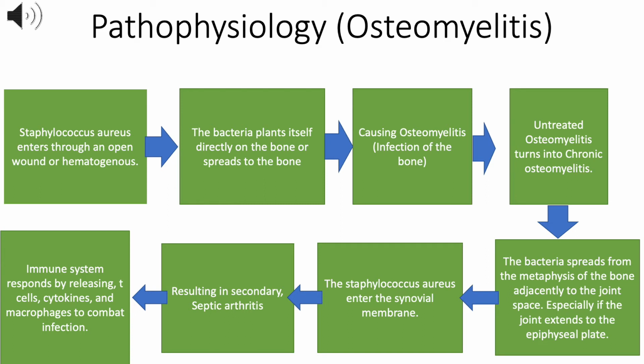The Staph aureus is then able to enter the synovial membrane because the joint is directly close to the bone, resulting in secondary septic arthritis, meaning it's not the main cause. And then the immune system will respond its normal way by releasing cytokines, T cells, and macrophages to combat the infection.